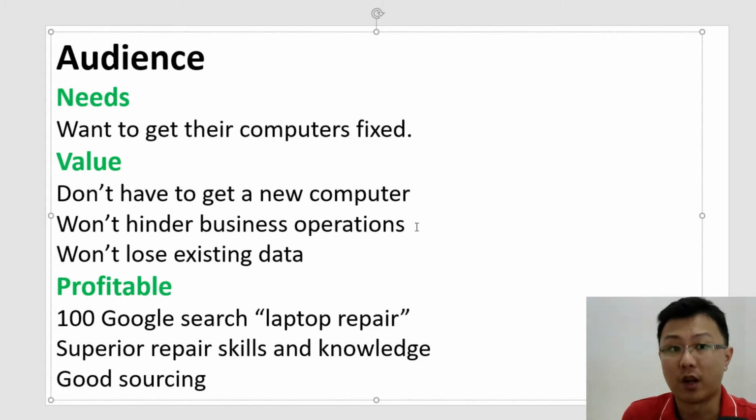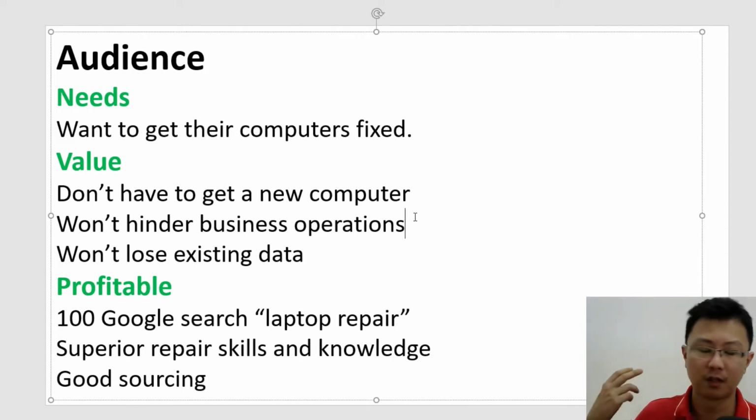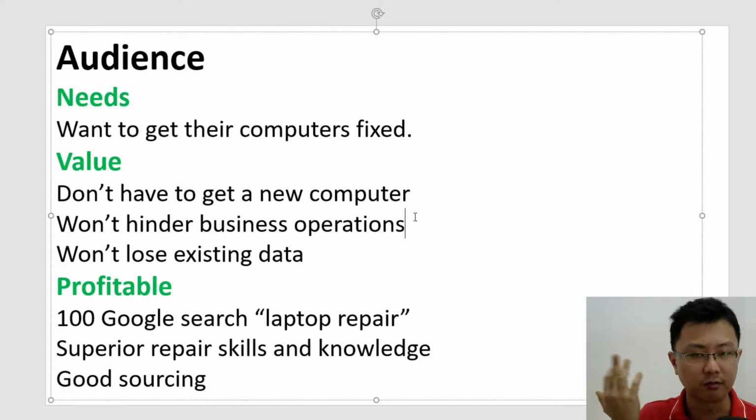But what he's more interested in is dealing with corporate clients, corporate customers. Why? Because he told me corporate customers are either in offices or factories. In factories, they use computers to operate very specific machines.